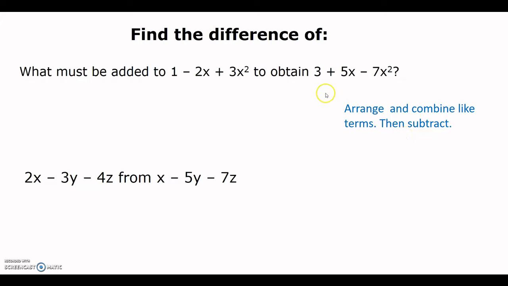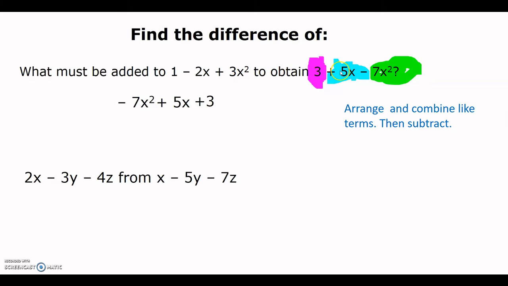We will arrange first our minuend, 3 plus 5x minus 7x squared. Since negative 7x squared has the highest exponent, this term will be first in the set. So negative 7x squared, then plus 5x, then plus 3.